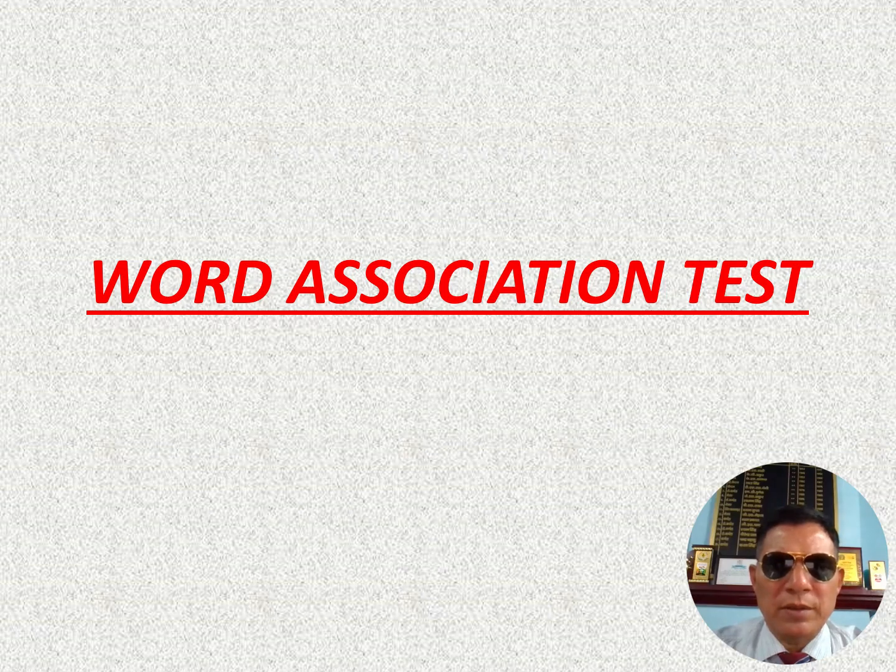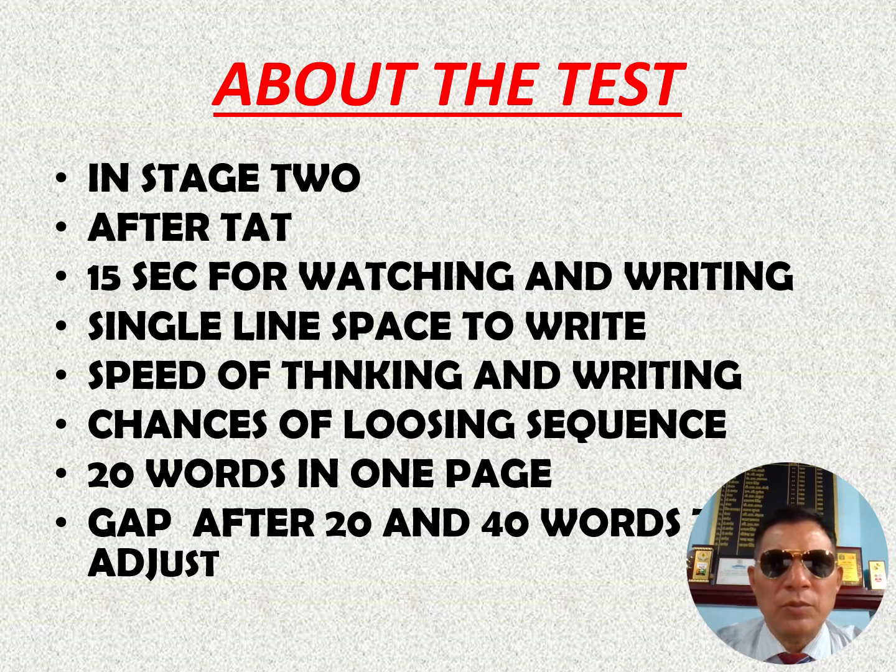You will be given a number of words to make a simple sentence, which we'll discuss subsequently. So talking about WAT, after stage 1, your stage 2 starts, and after TAT, 15 seconds for watching and writing will be given to you.